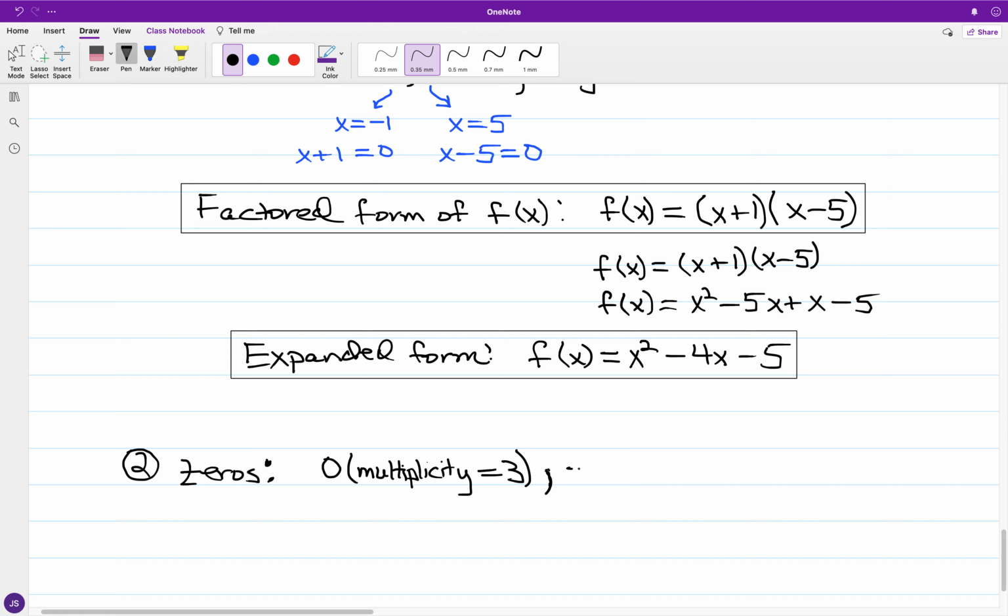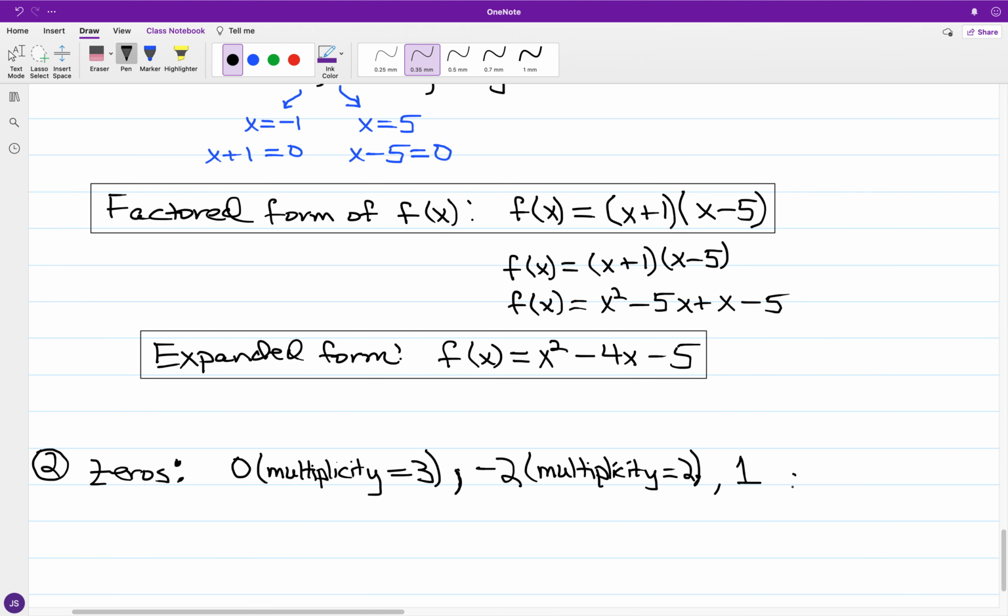Let's say we have another 0, so we have -2, which is going to have a multiplicity of 2. And then we're just going to have the number 1 as a 0. And the degree of this polynomial is going to be 6.